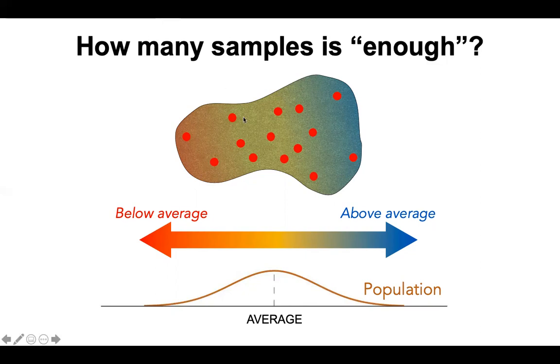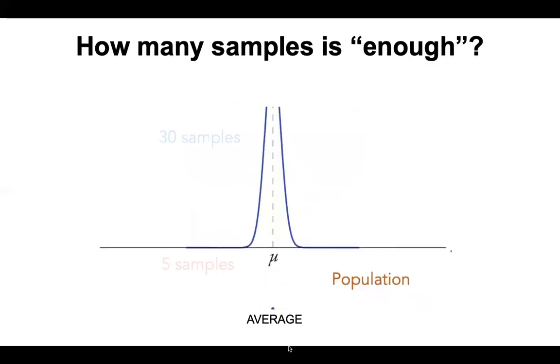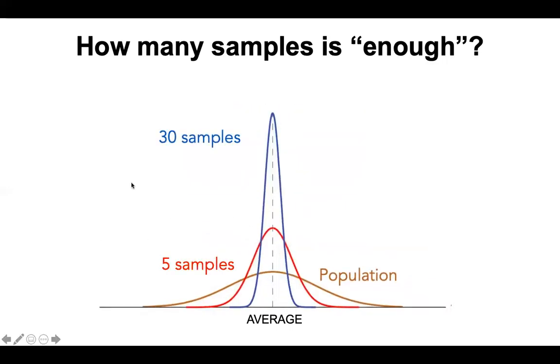Now, clearly, we can't just go out and take 2 samples. That might not be representative, right? If we take 2 samples and they both happen to be towards this end of the distribution, our average is going to be much lower than the real average. Similarly, if we take 2 from the top side, it might be here. But the frequency with which these observations occur looks like this, and it gives you this average for the population. Now, if we were to adjust it for the number of samples, you see that if we take 5 samples, we're more likely to get things that are further away from that true population average.